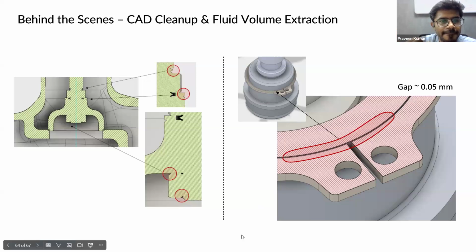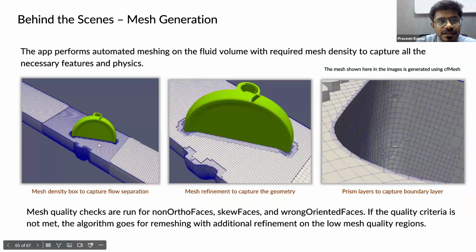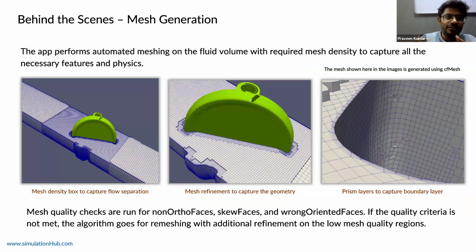Next one. If you see the mesh, it's almost the same as the conventional meshing process. It has all the mesh densities to capture the geometrical gradients as well as the flow gradients. We also have prism layers to capture the boundary layer on the valves.